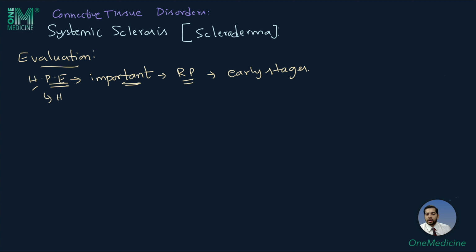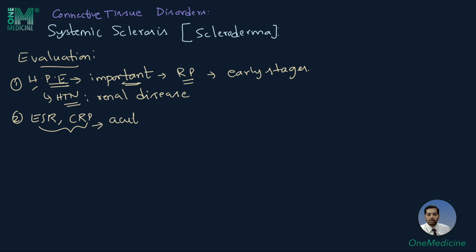A history of hypertension, for example, in such patients can be an early sign of renal disease. The laboratory investigations include investigating for erythrocyte sedimentation rate, C-reactive protein levels, both of which are elevated, as these are acute phase reactants. They are also markers for disease activity in such patients.